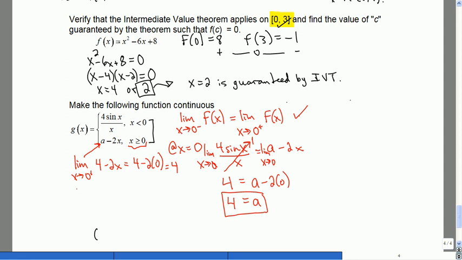The limit from the right is 4, and the limit as x goes to 0 from the left-hand side is also 4. And if I was to take a look, what is the value at 0? I'm using this one here, which again we know is already 4. So the limit exists and it has the same value as the function, therefore it must be continuous. So choose a equal to 4.